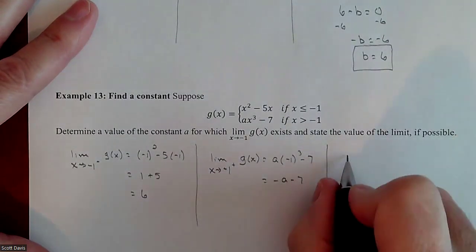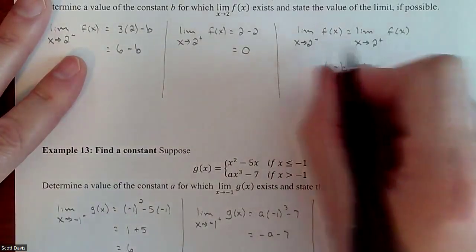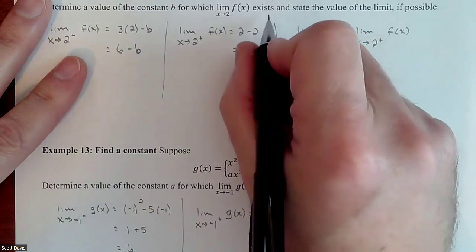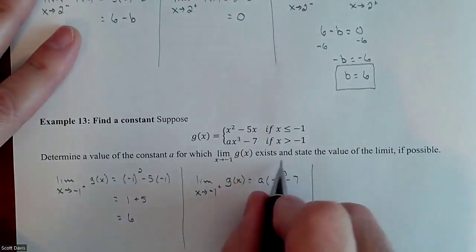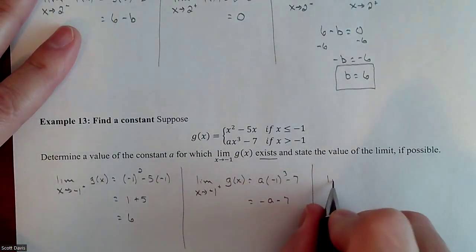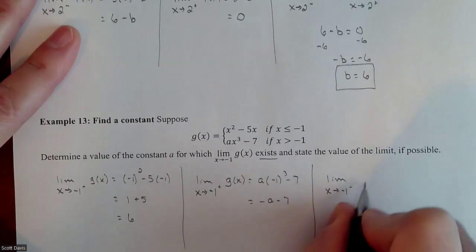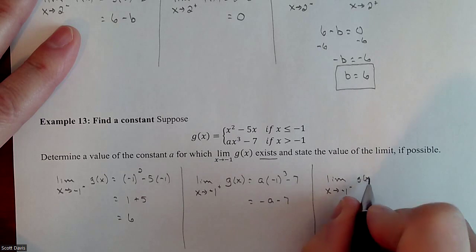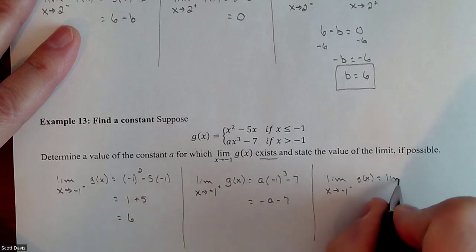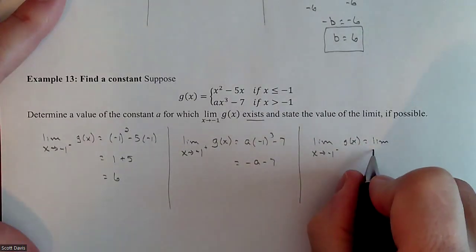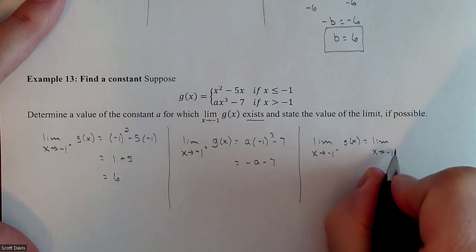But back to what we did here, we're going to force the two sides to equal each other because that's the only way that the limit exists. And we want the limit to exist. So our limit as x approaches -1 from the left needs to equal the limit as x approaches -1 from the right.